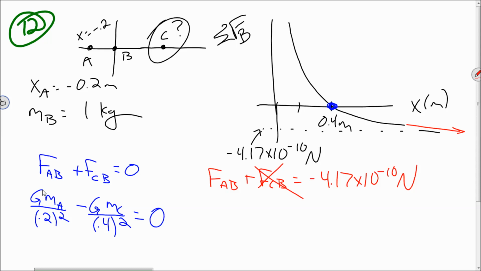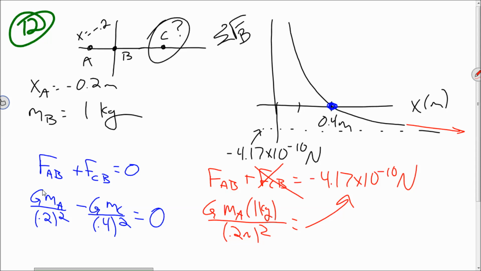Right? Oh, well that means then that G times the mass of A times the mass of B over 0.2 meters squared has got to equal that number. Oh, well that lets me solve for the mass of A right away. And then once you got the mass of A, you can find the mass of C. Make sense?